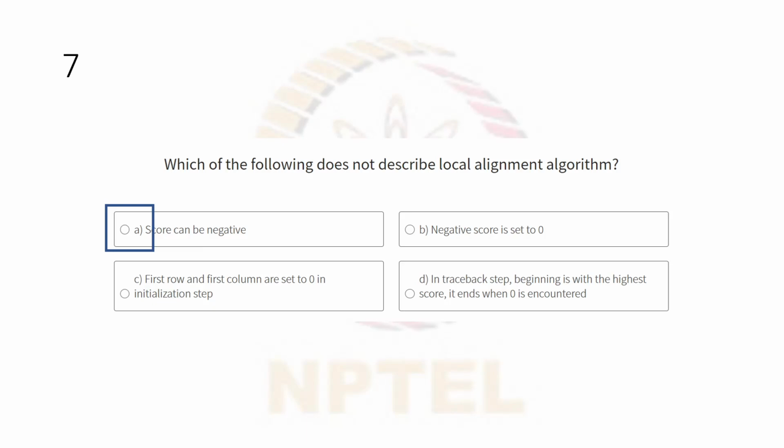It could be multiple answers as well. Yes, the answers would be B, C, D, because we never set a negative score to 0 in global alignment, and also the first row and first column are never set to zeros because we use the gap penalty there, and the traceback in global alignment will begin from one corner to the other corner.